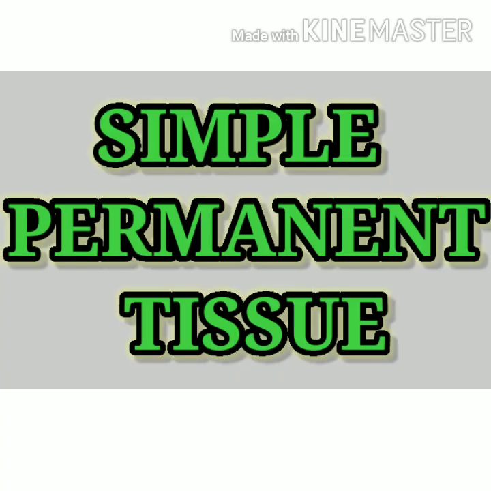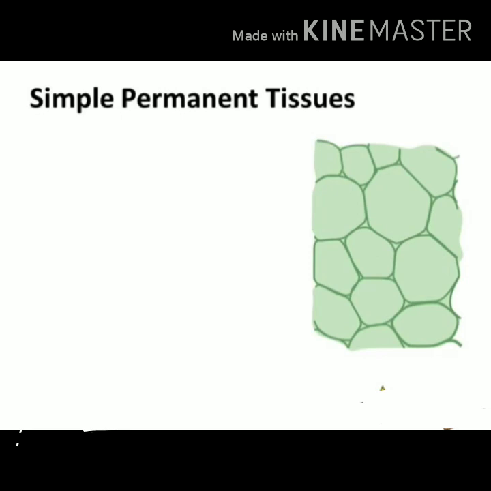Simple permanent tissues are made up of the same types of cells. These cells look like each other and also carry out the same function or a similar set of functions, and that is the reason they are called simple permanent tissues. There are mainly three types of simple permanent tissues.